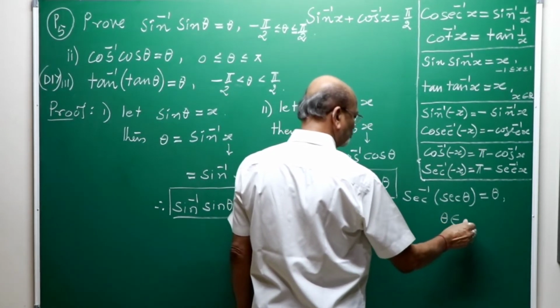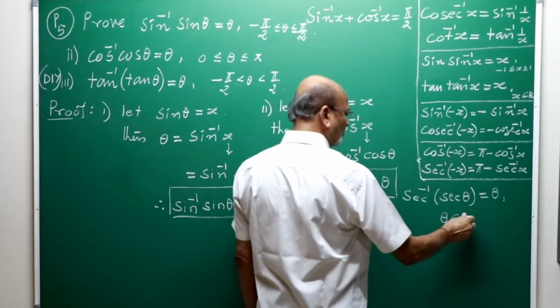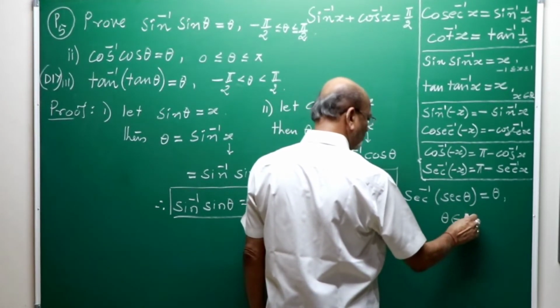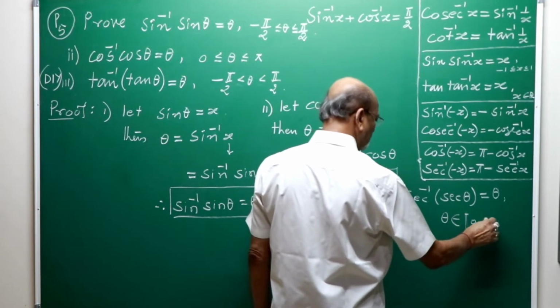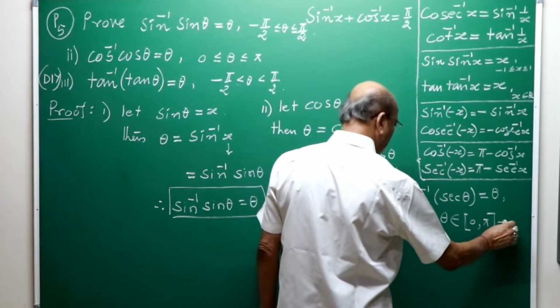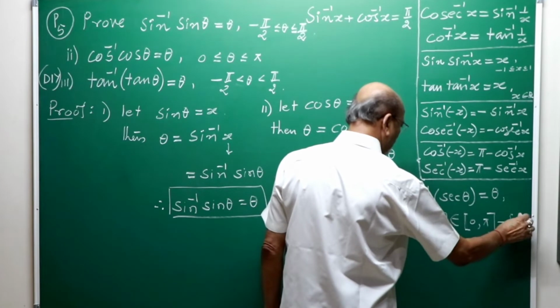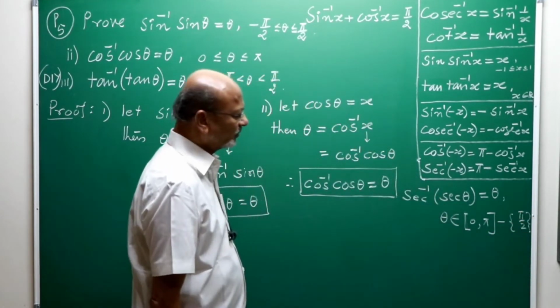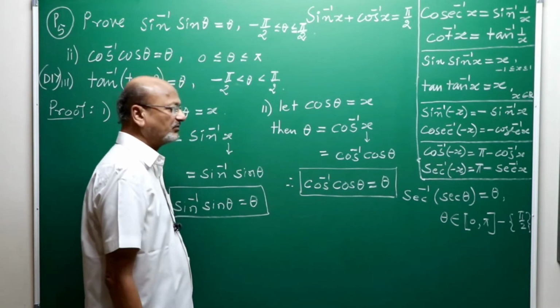Theta belongs to the closed interval 0 to pi, except one value, pi by 2. At theta equal to pi by 2, sec 90 is undefined.